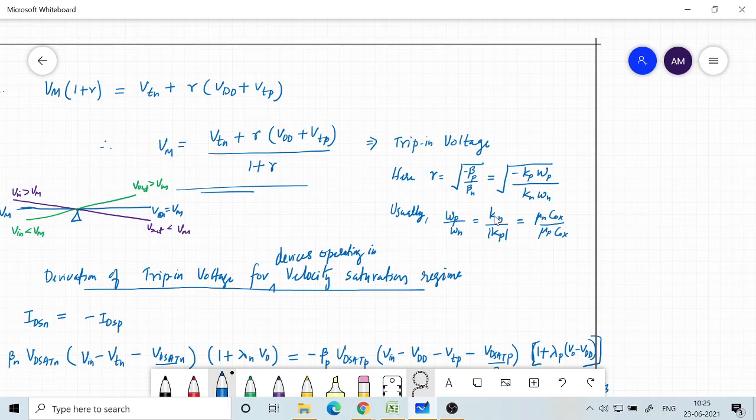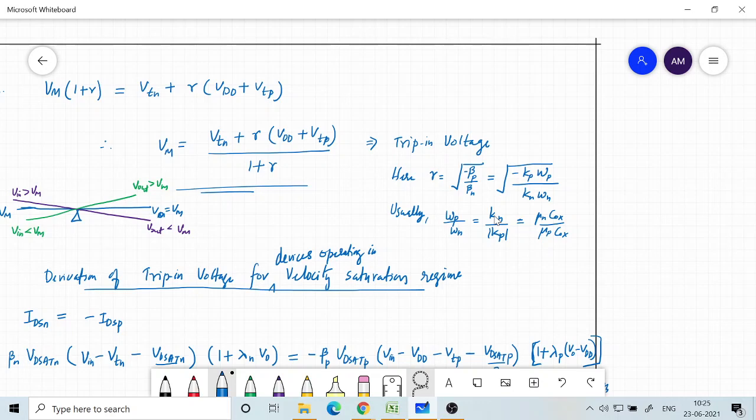Now the point I want to make is how Vm, the tripping voltage, gets influenced with Vtn becoming larger. Assuming that your R is 1, you can just do the calculation. You see that it is going to become greater than VDD by 2.